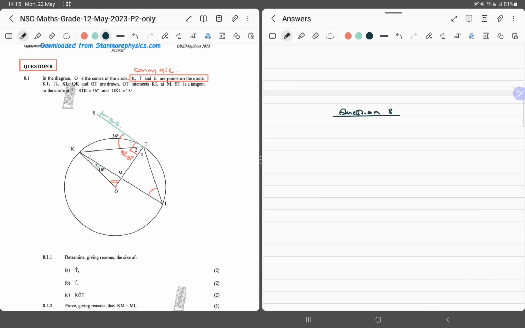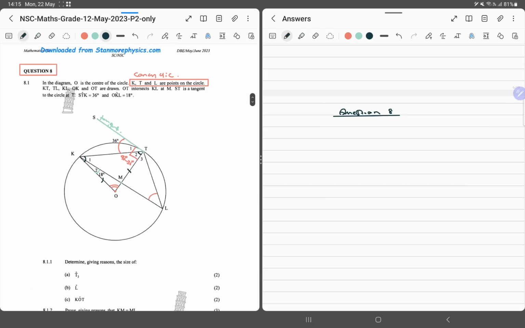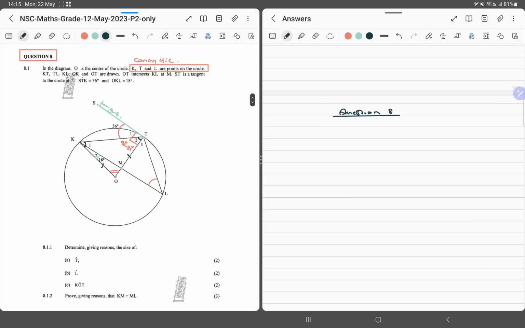But make sure you understand. We can highlight that OT should be equal to OK. If that is the case, we already know that this angle right here should be equal to that angle right there, because those are the base angles of an isosceles triangle, or angles opposite equal sides in triangle KOT. Once you've done that, you stop. Don't overdo it because it can hurt.